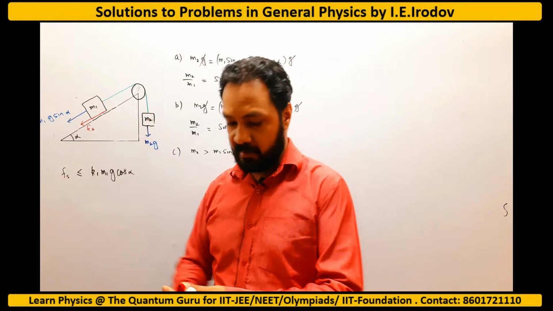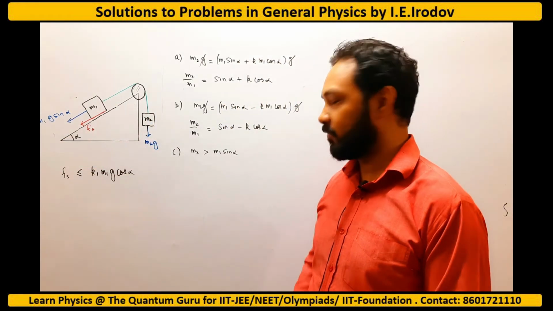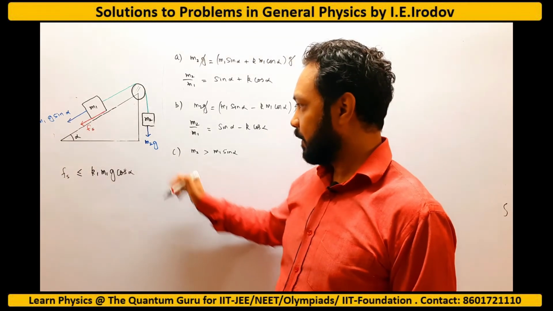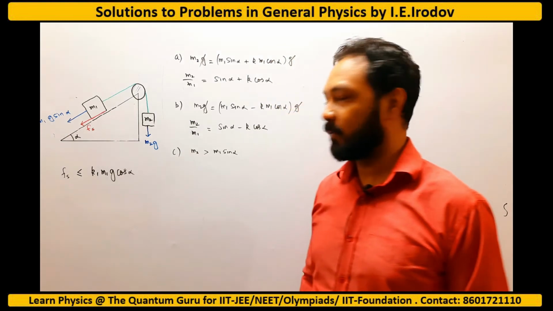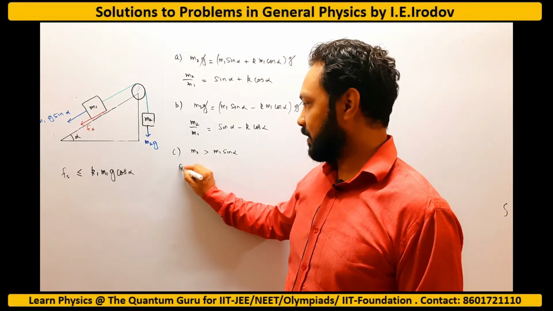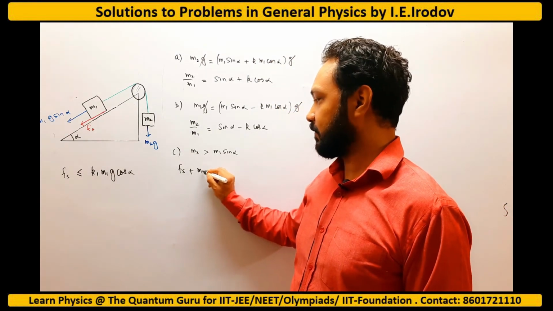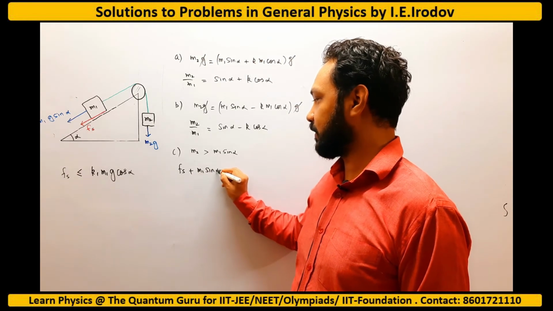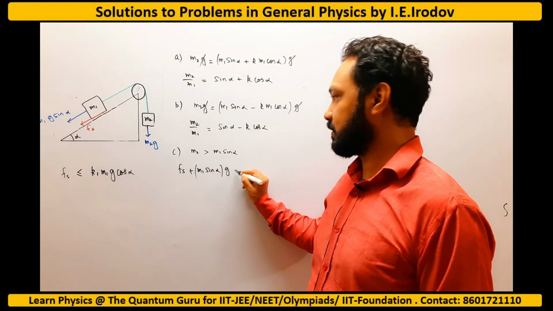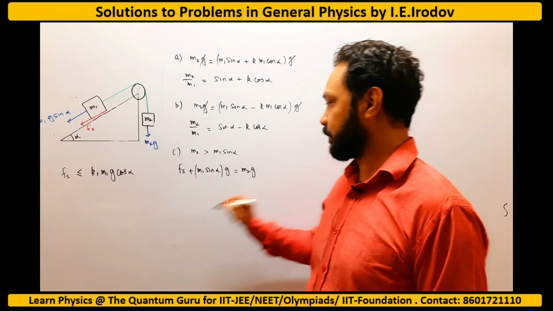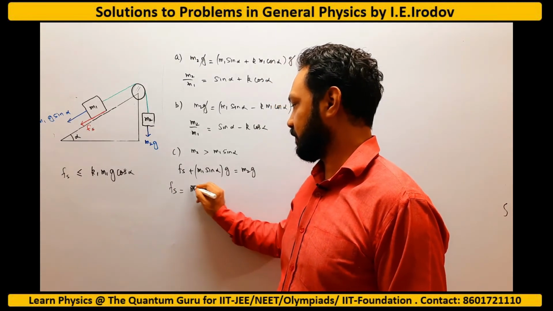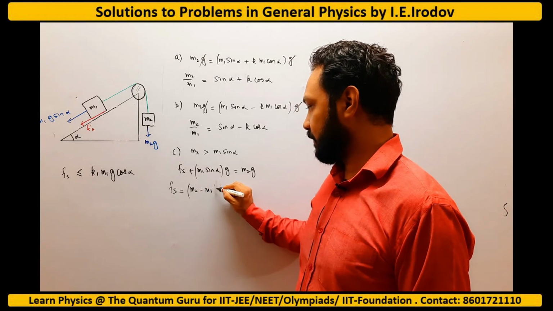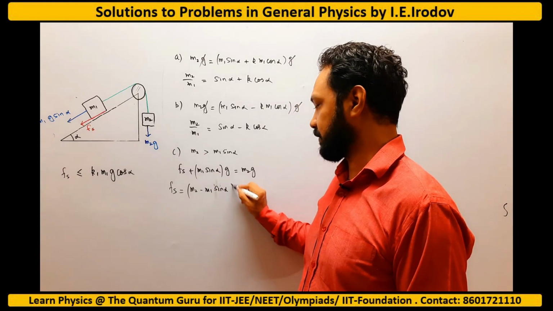So in this case, if m2 is greater than m1 sin alpha, what will happen? This m2g is the sum of m1g sin alpha plus fs. So fs plus m1 sin alpha into g is equal to m2g. So fs is equal to m2 minus m1 sin alpha into g.